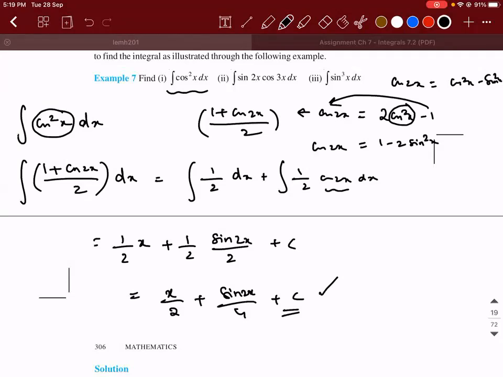Done? Next. Yes, sir. So integral of sine 2x into cos 3x. Just give me a minute. I'll get a document.